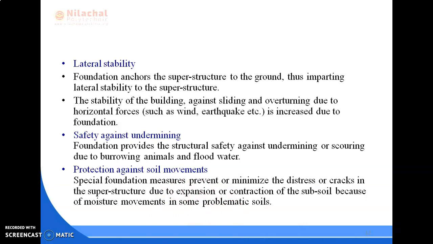So these are the major functions of the foundation, or you can also say these are the major roles of a foundation. Before construction of any civil engineering work, first you have to focus on the construction of the foundation. As per our requirement, we design the foundation.